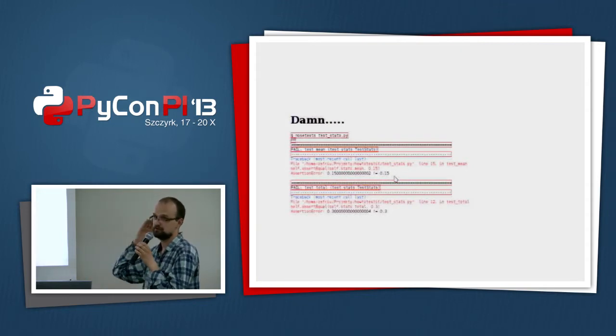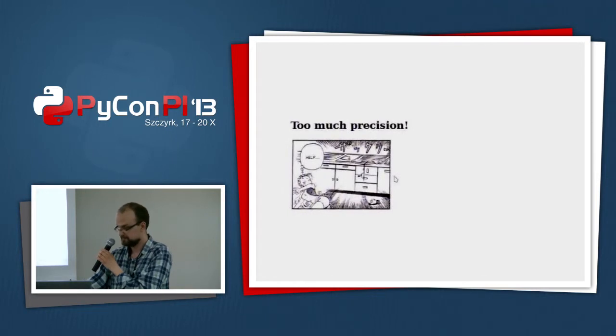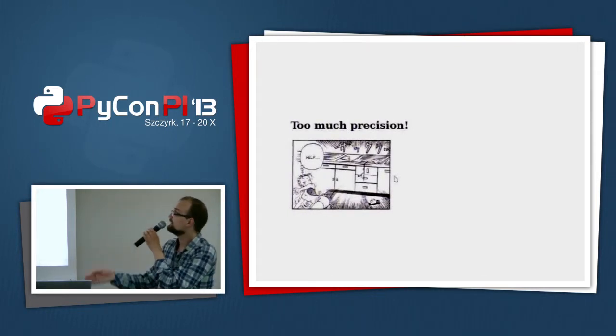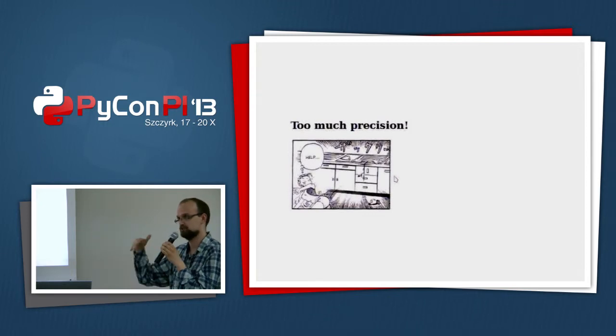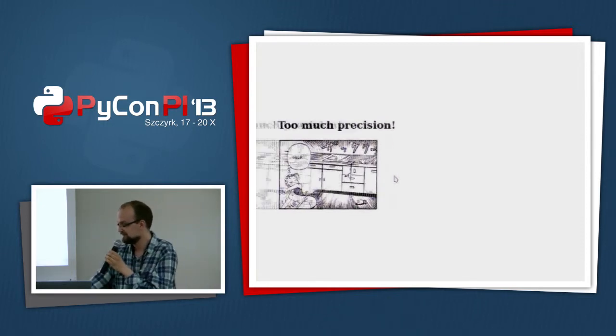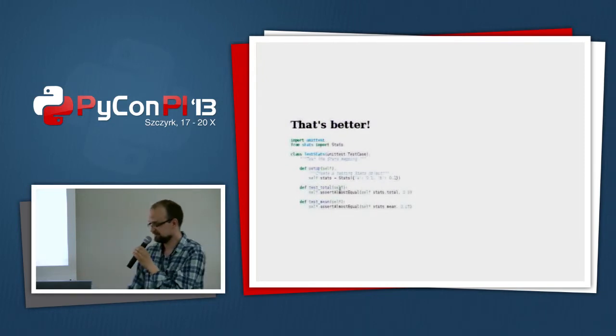But let's say we tolerate it. But we need to test if it really works well. The problem is that we have too much precision. This test is too good, it's too sharp. So we should relax a little.